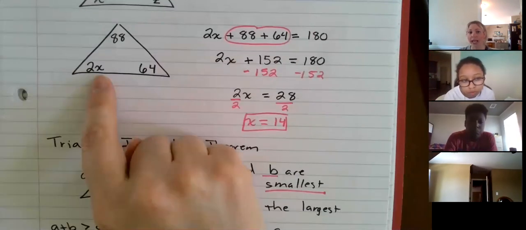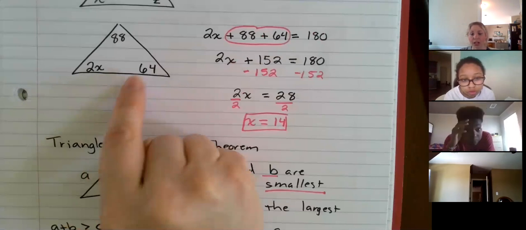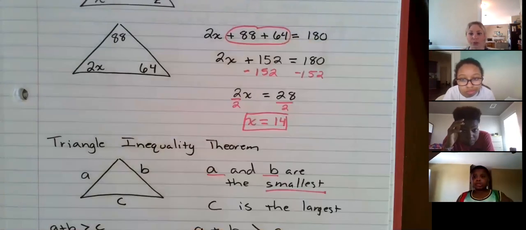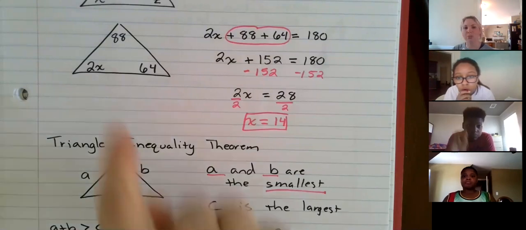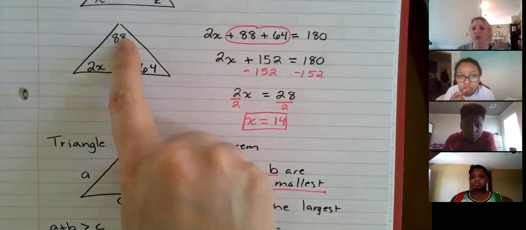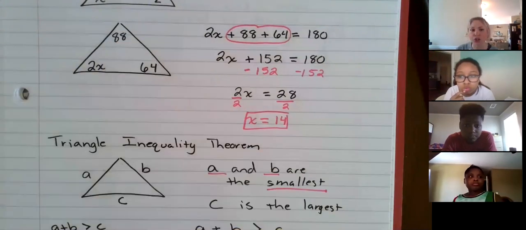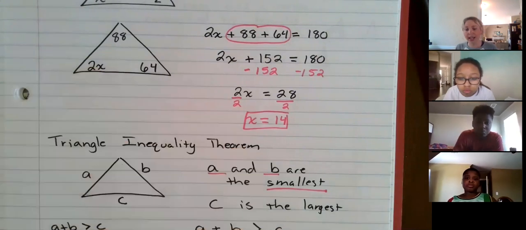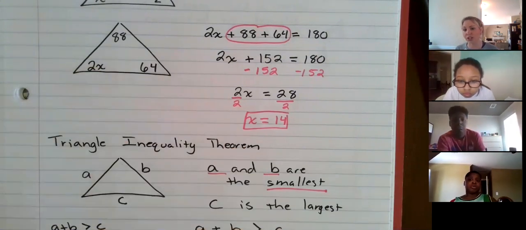You take all three angle measurements that they give to you, and you set them as an addition problem, and it's equal to 180. So it does not matter what kind of angle measurements are being placed there. Maybe it might just be an x and two numbers, and you would have x plus two numbers equals 180. Maybe it might be a 2x and a 4x and a number. You would still combine your like terms and set it equal to 180 and then just solve.